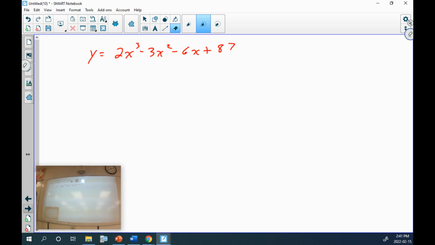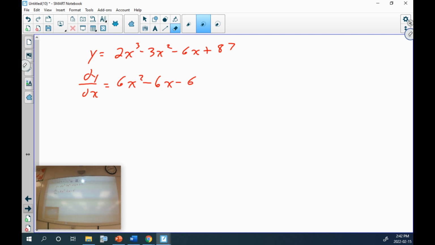Okay, 8. What's the derivative of 2x cubed? 6x squared, minus 6x, minus 6. Okay.